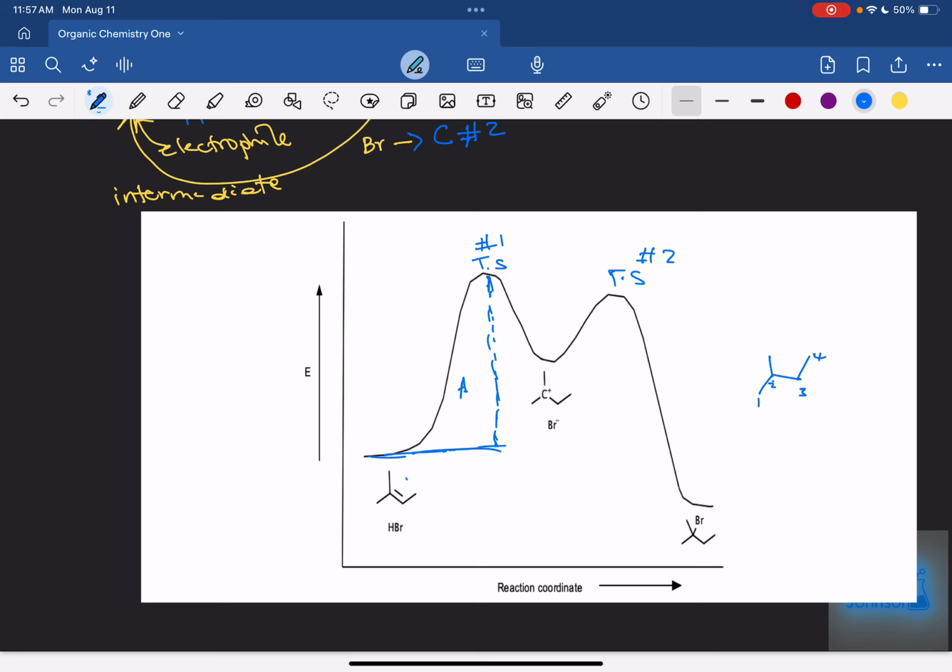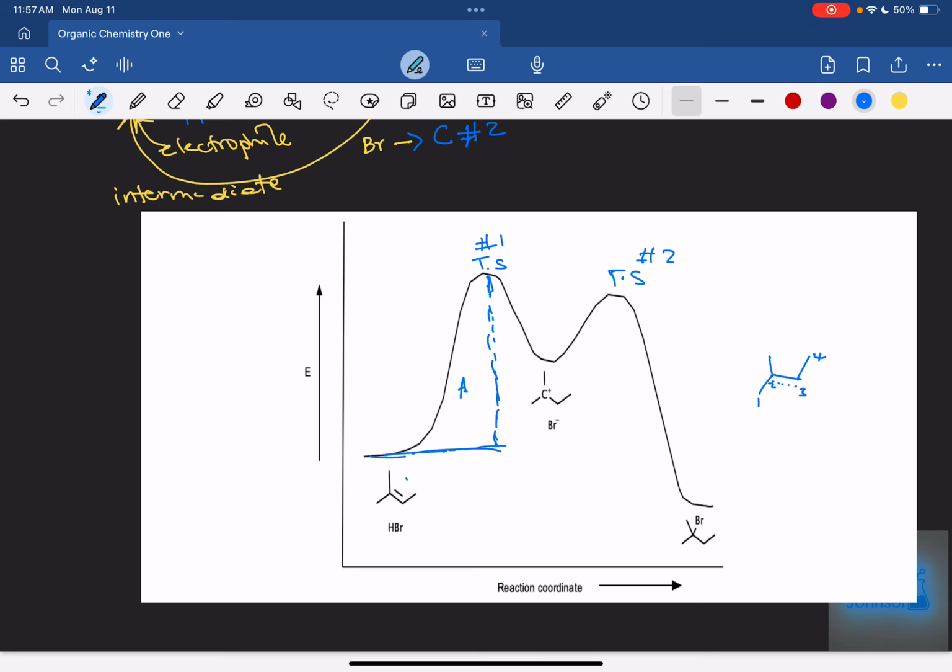You will see a partial bond breaking between carbon 2 and 3. That's the double bond breaking, right? And when the double bond breaks, your hydrogen is going to add to the carbon of the carbon-carbon double bond with the least number of hydrogens, which is carbon 3.